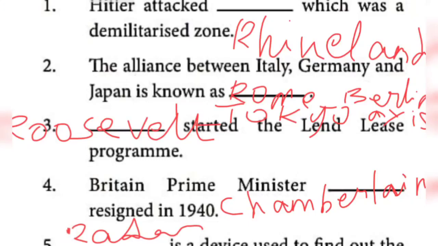First one, Rhineland, R-H-I-N-E-L-A-N-D. Second one, Rome-Berlin-Tokyo Axis: R-O-M-E, Rome, hyphen, B-E-R-L-I-N, Berlin, hyphen, T-O-K-Y-O, Tokyo, Axis, A-X-I-S.